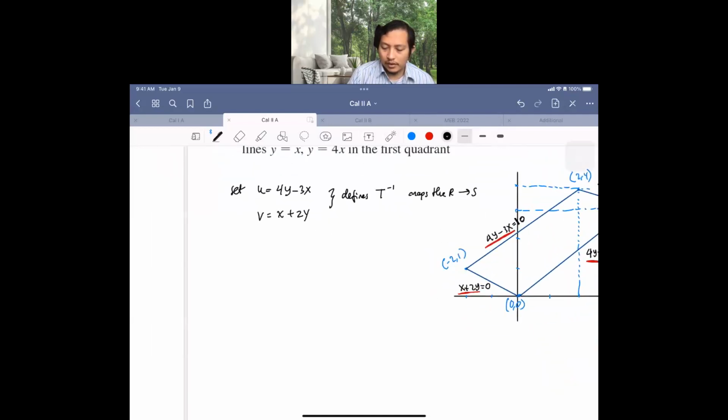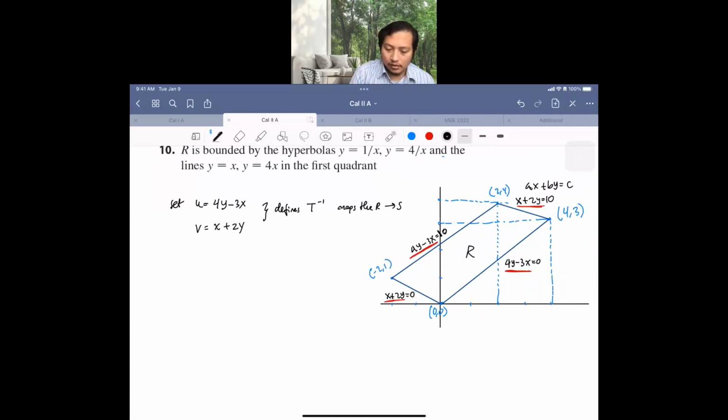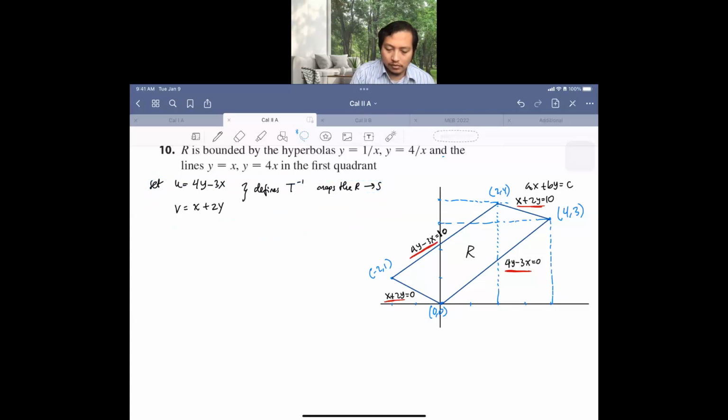So this is R. In S, what we will have is a square that has 10 unit sides.